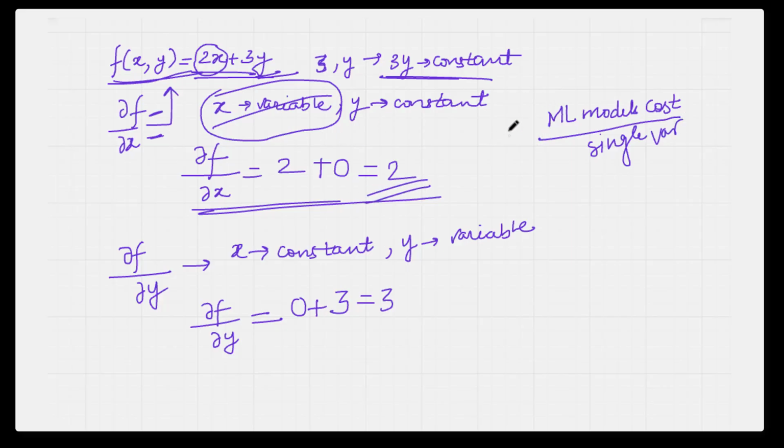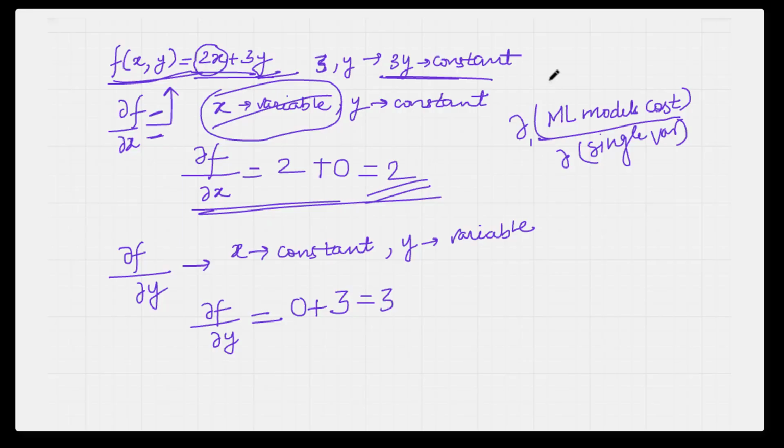What if I am able to find a partial derivative of my machine learning model's cost with respect to a single variable? Then I could tweak that variable accordingly to minimize my whole cost function as much as possible. Again, I'll reiterate: this calculus is the secret sauce behind how my machine learns.